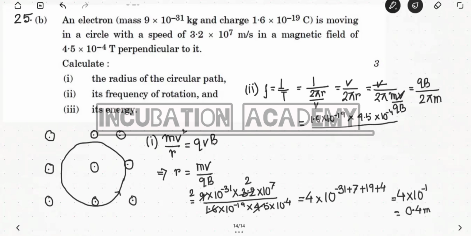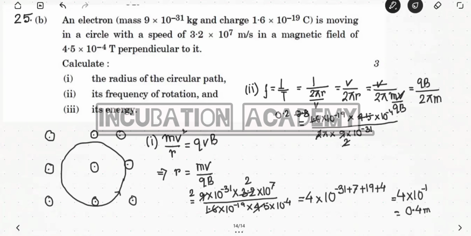This is 2π. Mass is 9 × 10^-31. Here 4.5 and 9 with the 2 become 0.8, and 0.8 with the 2 becomes 0.2.